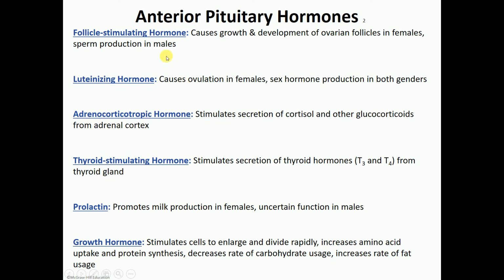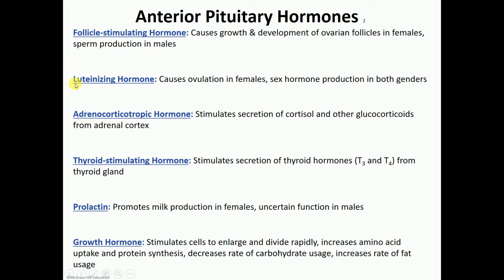So the follicle-stimulating hormone is going to cause the growth and development of ovaries in females, and it will stimulate the production of sperm in males. This process is known as oogenesis, or the creation of eggs, and this is known as spermatogenesis, or the creation of sperm.